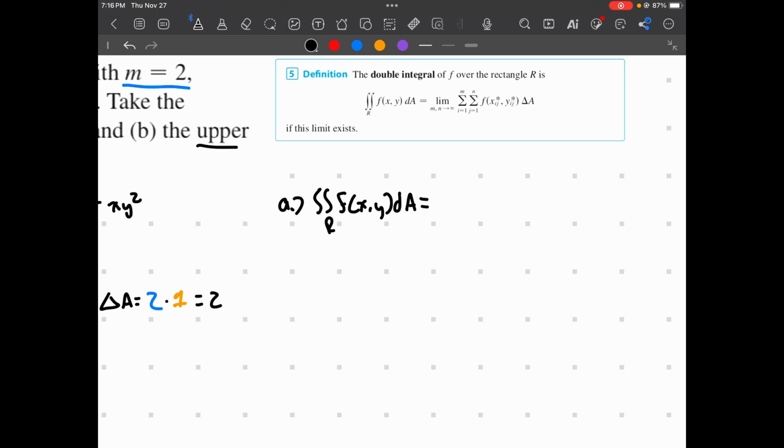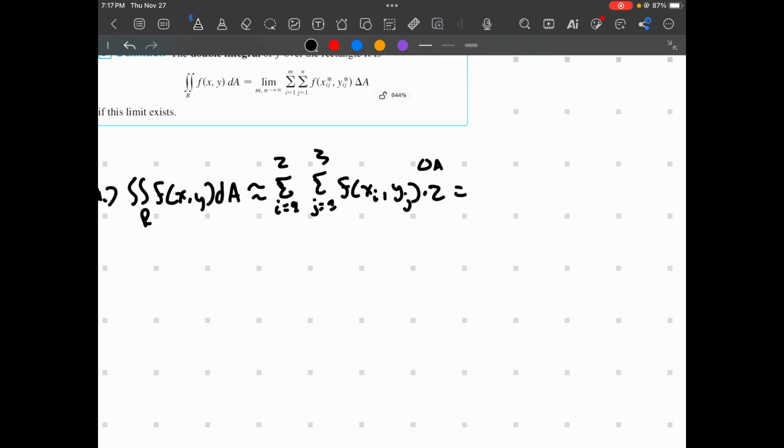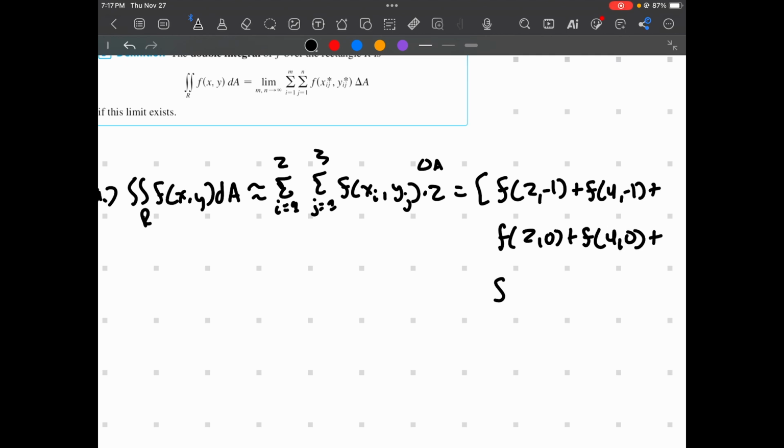The double integral can be approximated by the summation from i equals 1 to 2 and j equals 1 to 3 of f of x sub i, y sub j times 2, which is our delta A. And from this, you will get f of 2, -1 plus f of 4, -1 plus f of 2, 0 plus f of 4, 0 plus f of 2, 1 plus f of 4, 1, times 2.